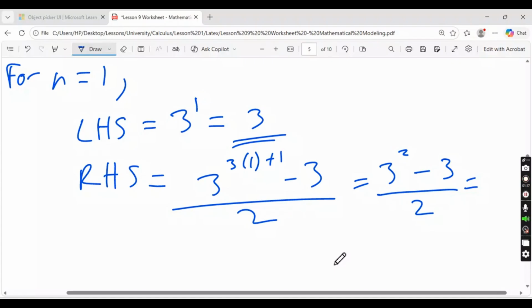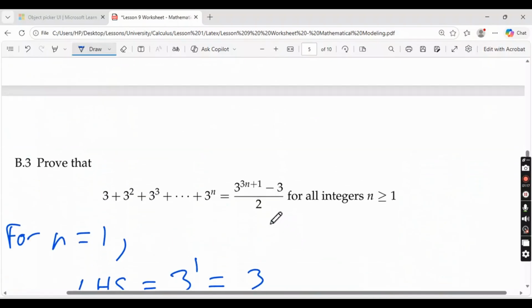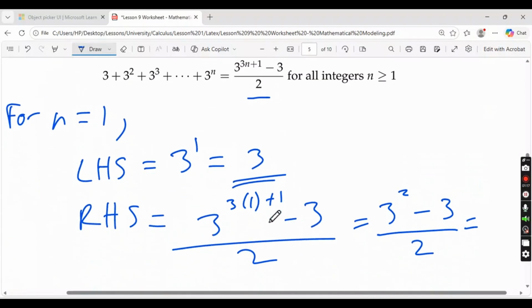I'm asking, how did you get 2? 3 times 1 plus 1. Oh, plus 1, sorry. Yeah, that's what I was confused about. I thought I forgot my exponent laws. Wait a bit, I'm coming.